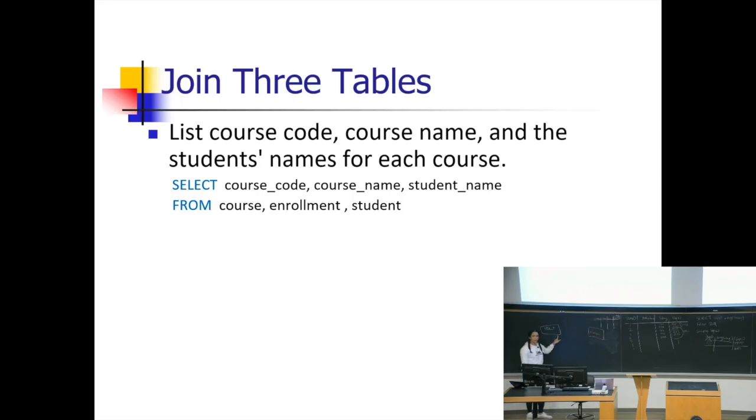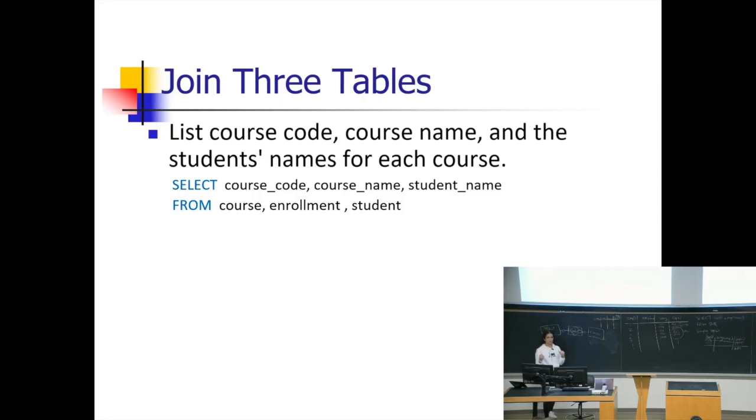Each student can enroll in multiple courses. Each course can have multiple students enrolled in that course. So it's a many-to-many relationship, which means there is another intermediary table, enrollment, between these two.